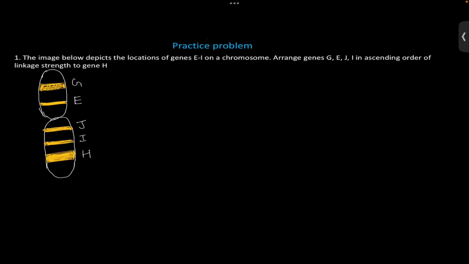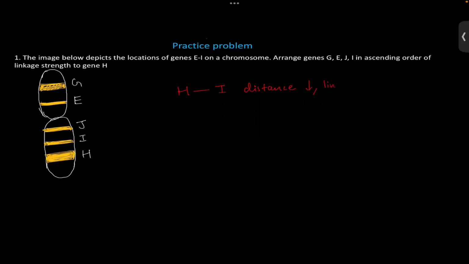If you recall from the concept of linked genes, whichever genes have minimum distance are tightly linked. So here in this example, H and I are closest to one another, right? The distance is minimum here, so the linkage strength is high.